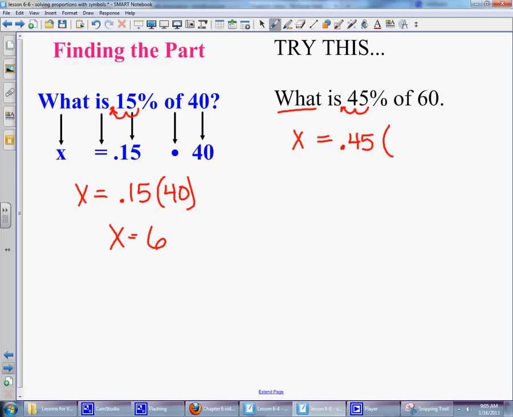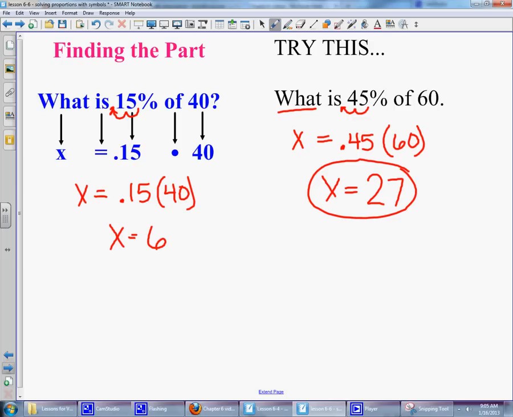Of means times 60. So now we've changed an English sentence into a math sentence. So now we're just going to multiply 0.45 times 60, which is x is equal to 27. So 27 is 45% of 60.